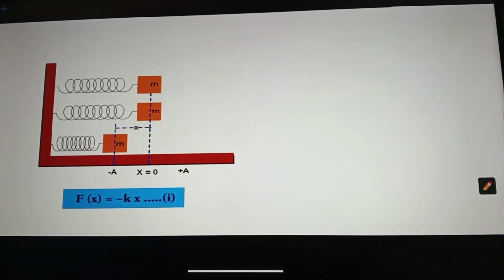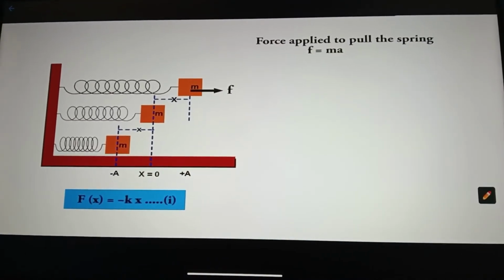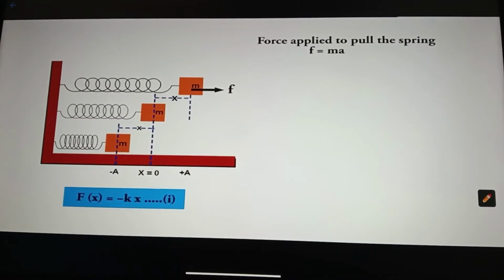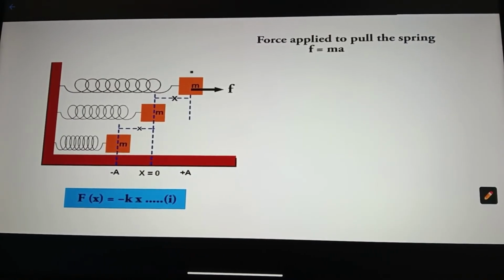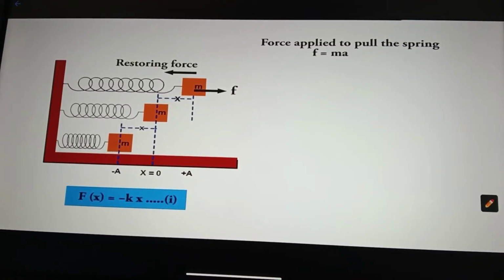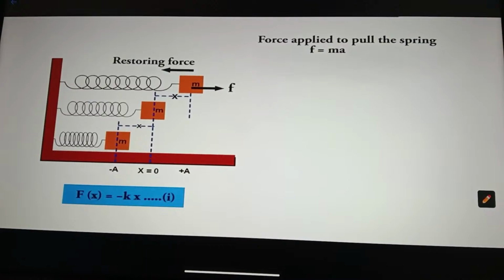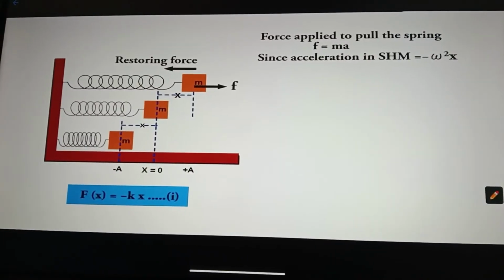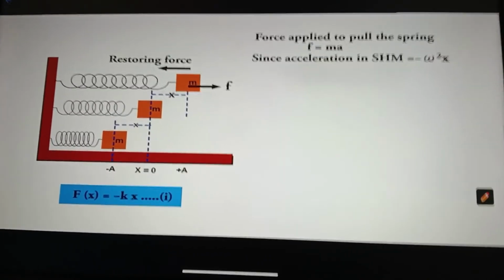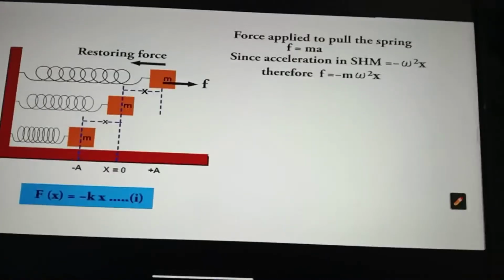Using Newton's second law of motion, the force applied to pull the spring, F is equal to ma, which must be equal and opposite to the restoring force. Since acceleration in SHM is equal to minus omega square x, therefore F is equal to minus m omega square x.